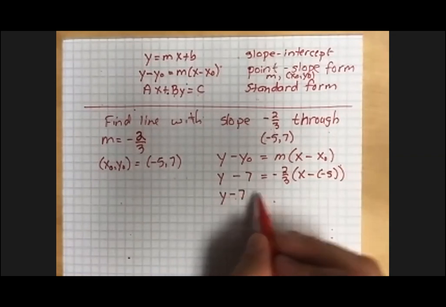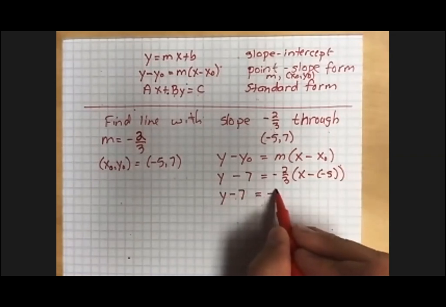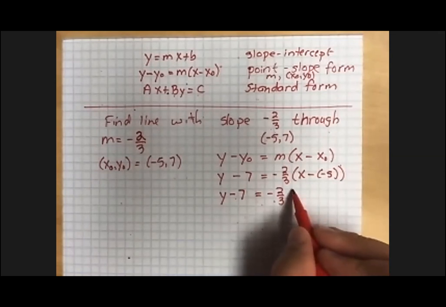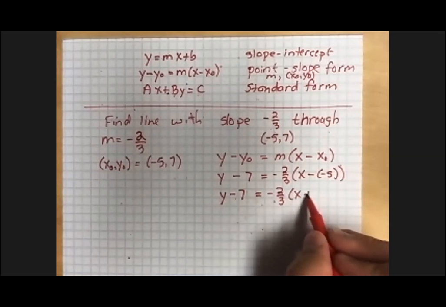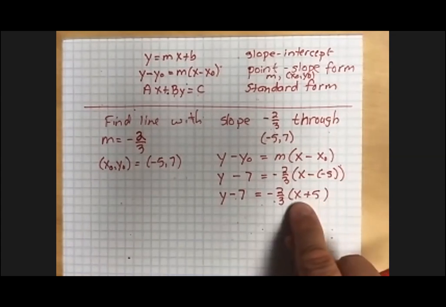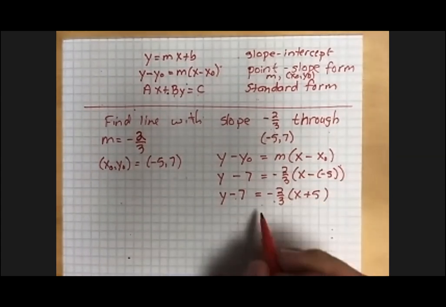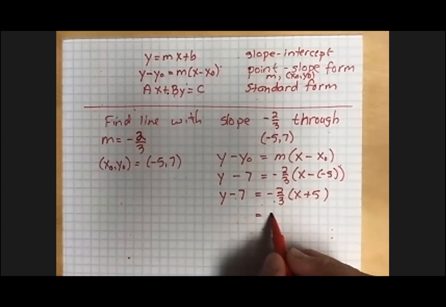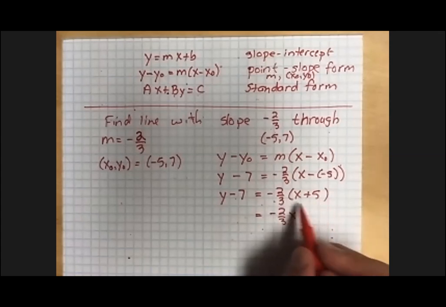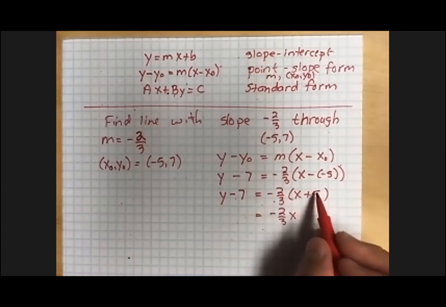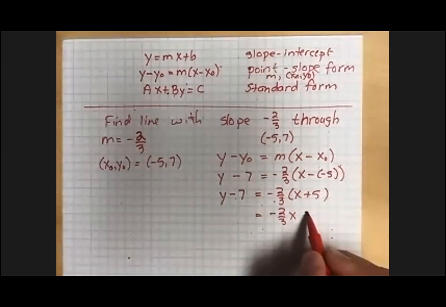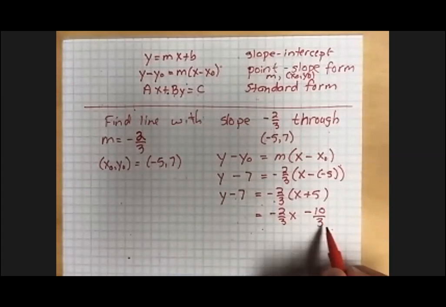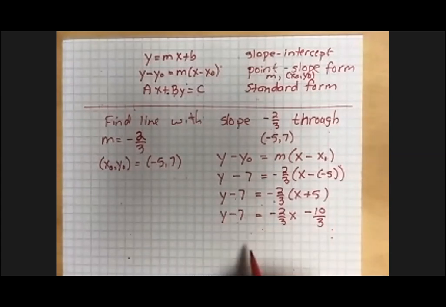If you're not in a hurry, and you don't have to be in a hurry, just clean this up slowly. Minus 2/3 times x plus 5 inside. Now let's multiply everybody on the right by 2/3. Minus 2/3 x, a little bit annoying to drag fractions around, but negative 2/3 times positive 5/1 is minus 10/3. Now I can have the slope-intercept form if I add 7 to both sides.